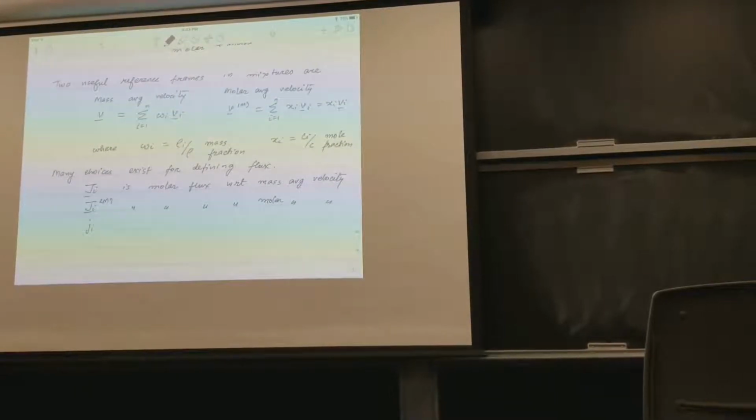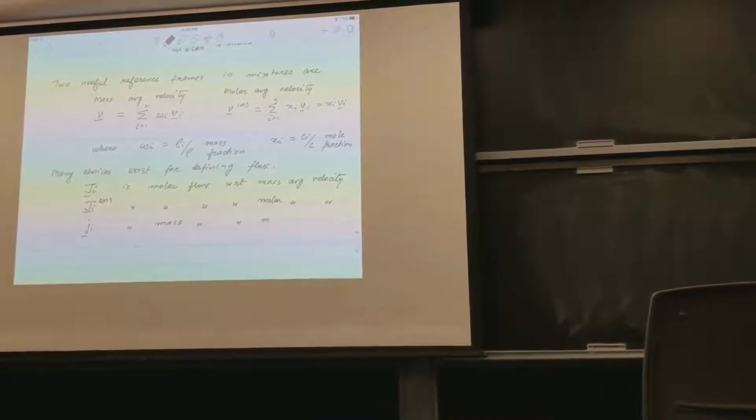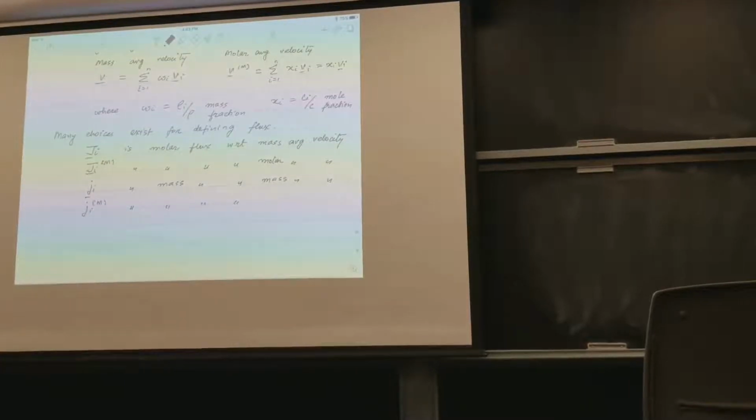Small ji, which we use quite often, is the mass flux with respect to mass average velocity. And for the fun of it, you can look at how these things transform from one to the other based on their definitions of velocities and reference frames.